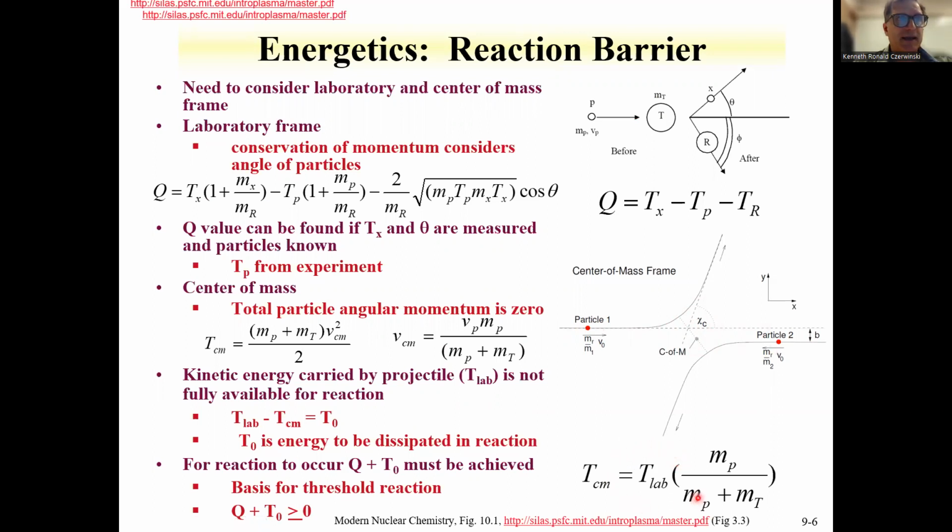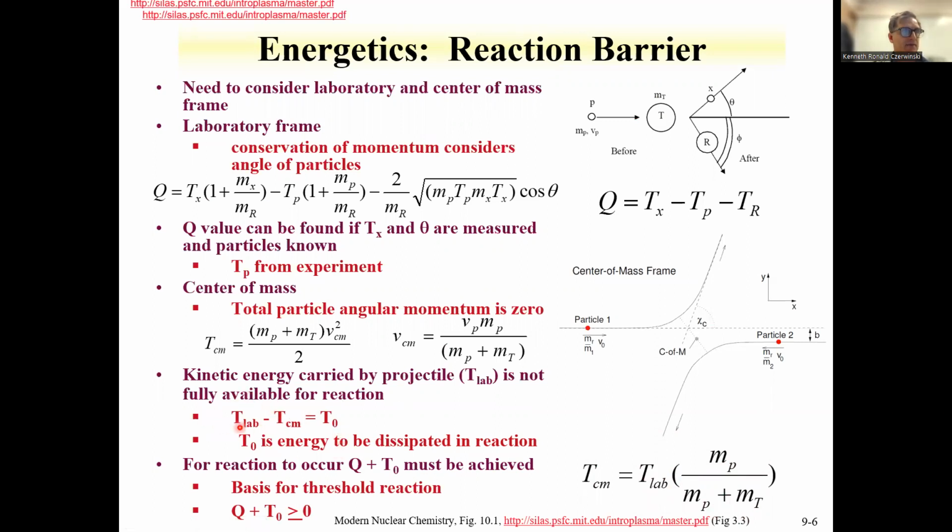There's a relationship between the laboratory frame and the center of mass frame with the mass of the particles and the mass of the targets. So if I know the center of mass calculation and I want to find the laboratory calculation, I can relate that based upon the masses of the projectiles and the masses of the targets.